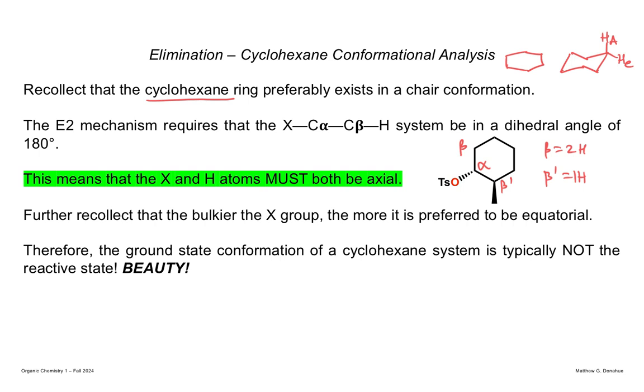So without going too much further into this, let me just draw the products, because remember, the H and the leaving group are sort of lassoed out, and then you're always going to get the double bond between the alpha and the beta carbons.